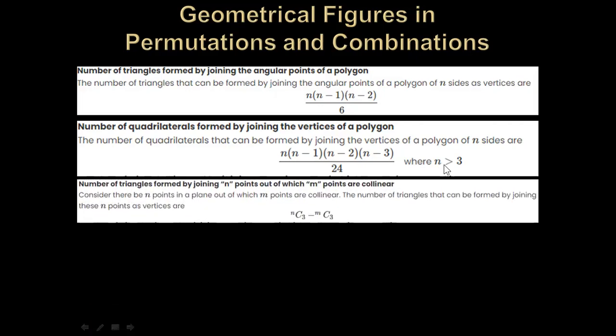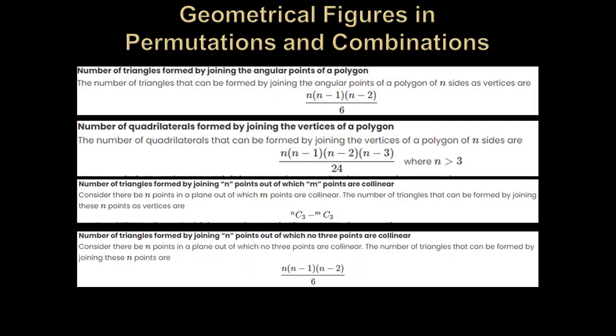And then we have the third one, the number of triangles formed by joining n points, out of which m points are collinear. Consider there are n points in a plane out of which m points are collinear. The number of triangles that can be formed by joining these n points as vertices is n combination of 3 minus m combination of 3.